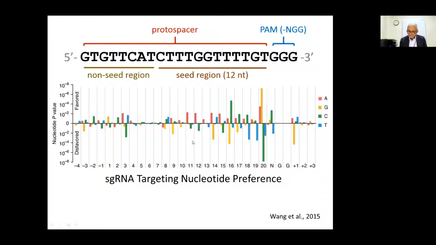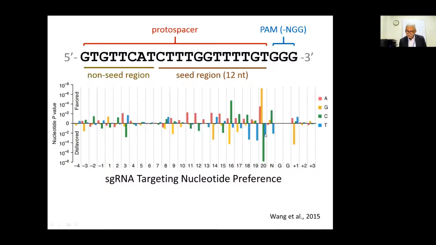On the other hand, there are preferences of nucleotides at certain positions for the specificity of gRNA as well. So at position number 20, they counted from 5' end site, and towards the PAM site, it is the maximum number.